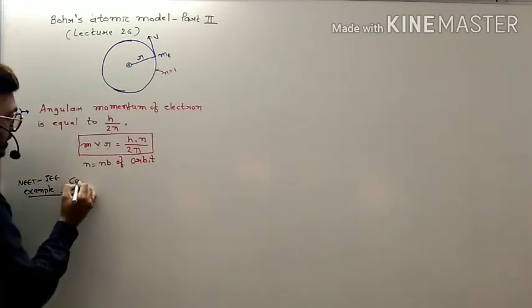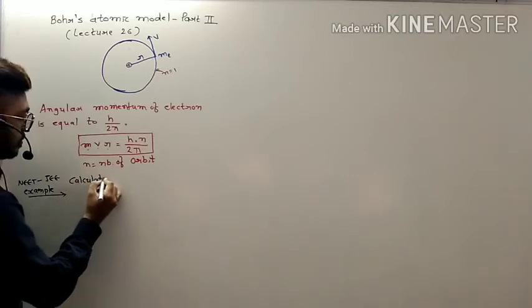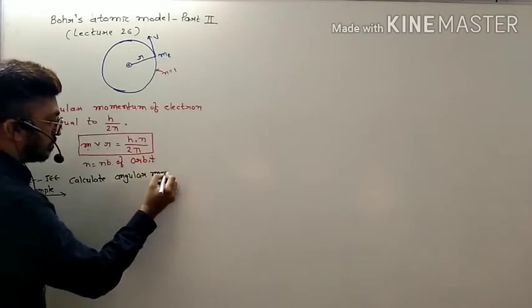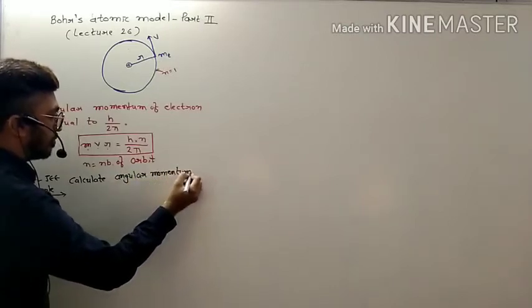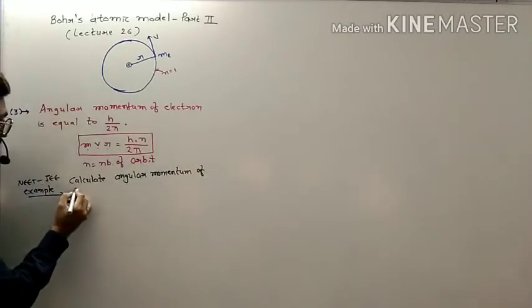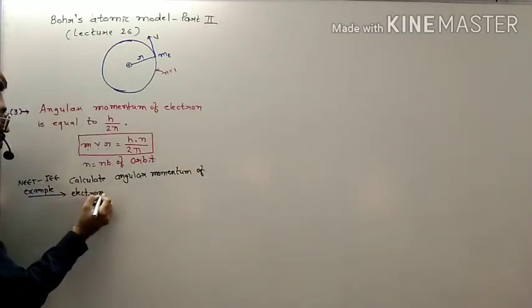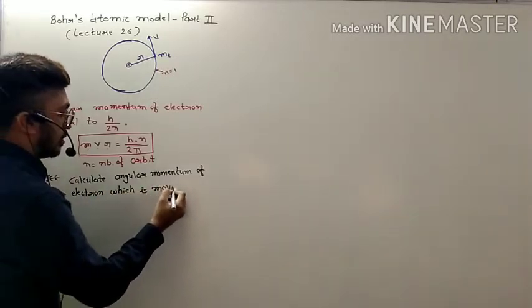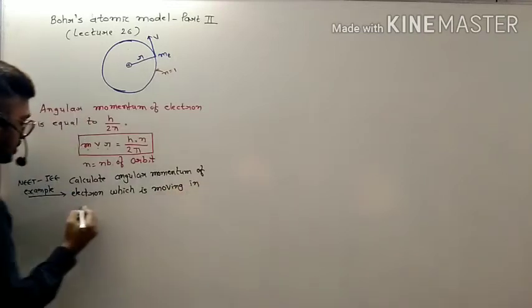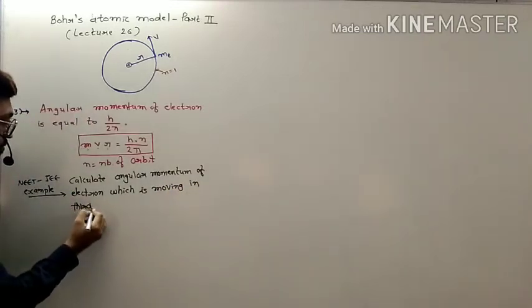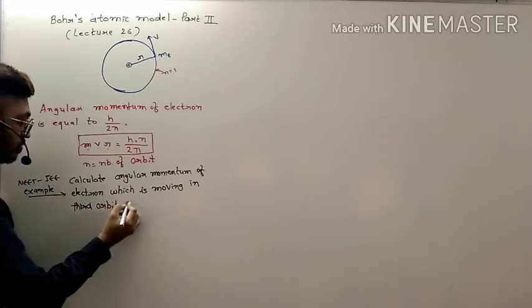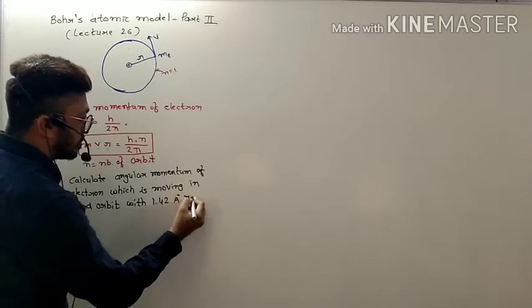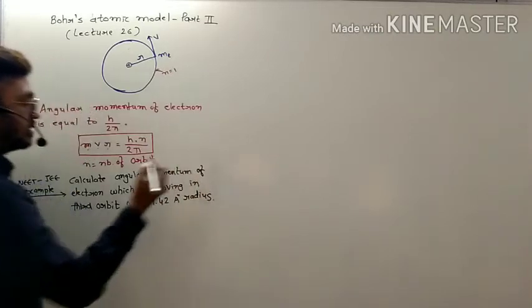Calculate the angular momentum of an electron which is moving in the third orbit with 1.42 angstrom radius.